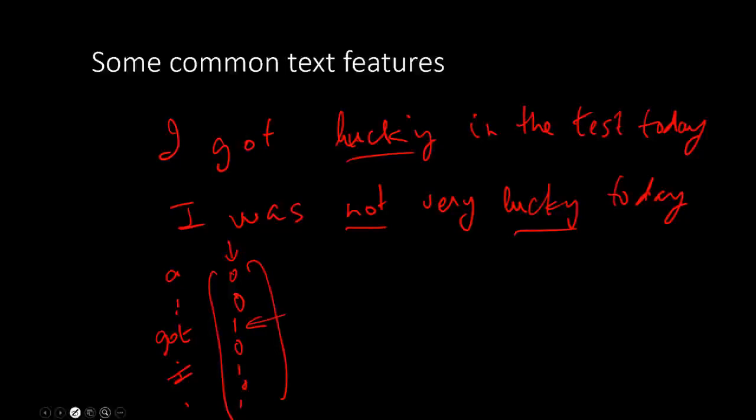We are not making an adjustment for common words that are less informative because they appear everywhere. So for that, there is a slight variation of this term frequency histogram, and that is called TF-IDF. TF is what I just described, which is term frequency.